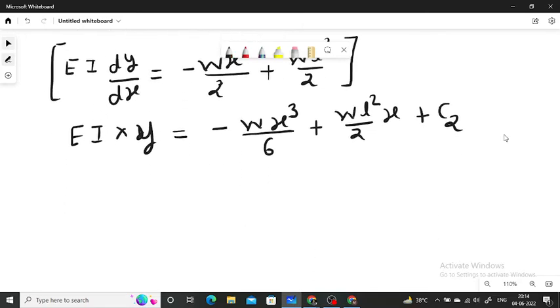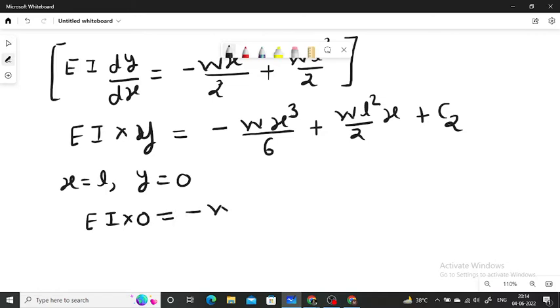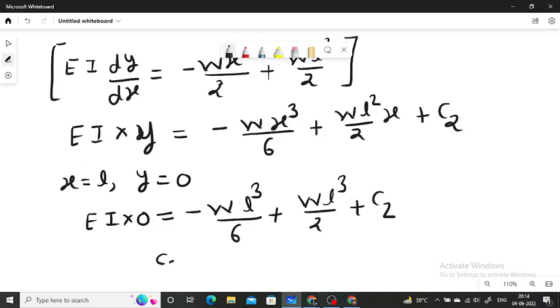Now using the end conditions, at x is equal to L, the deflection of the beam is 0. Now EI into 0 is equal to minus WL cube by 6 plus WL cube by 2 plus C2.